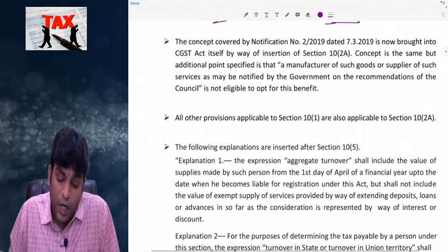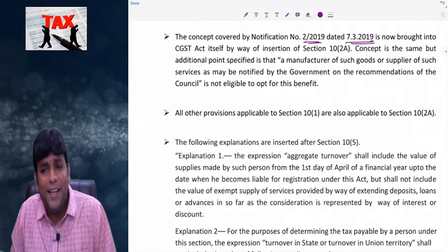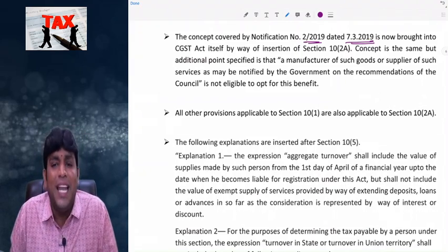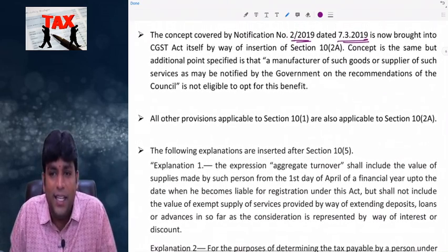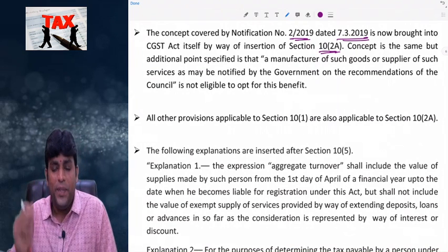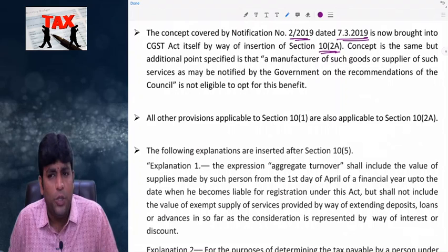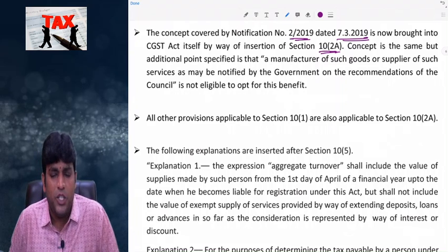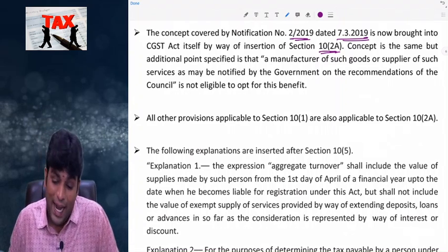Then, the concept covered by notification 2 by 2019 dated 7th March 2019, the 50 lakh story, is now brought into the CGST Act itself by way of insertion of section 10 subsection 2A. Same concept, but one additional point they inserted. What is that?